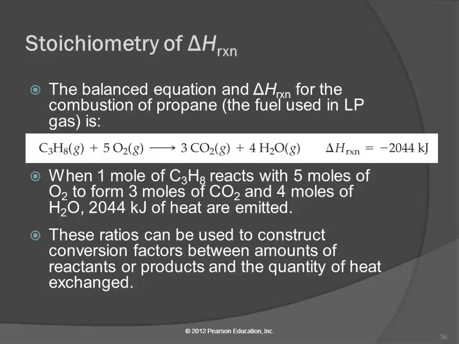So here's the equation for the combustion of propane. A mole of propane will react with 5 moles of oxygen to form 3 moles of carbon dioxide and 4 moles of water. And in that process, 2,044 kilojoules of heat energy are released.